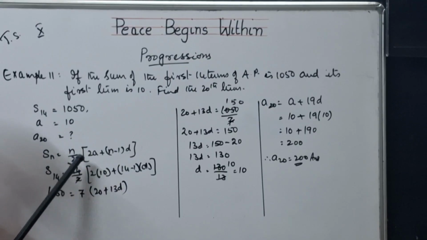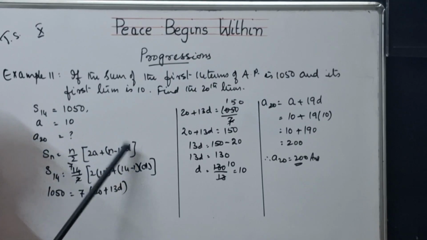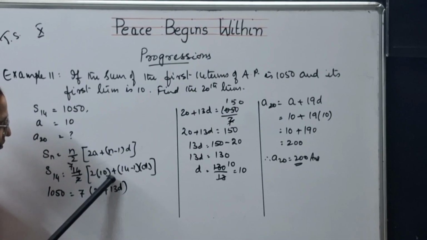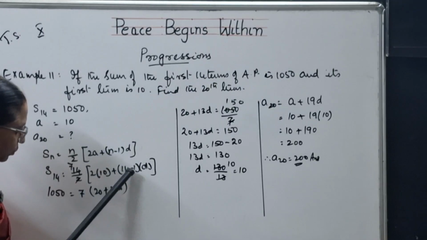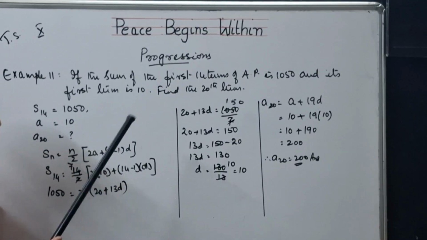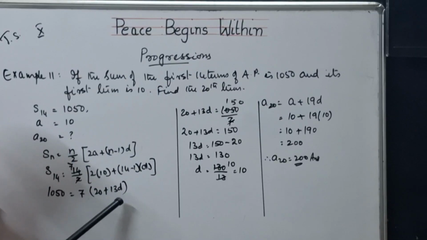The Sn formula is n by 2 into 2a plus n minus 1 into d. So S14 is equal to 14 by 2 into 2a, a is 10, plus n is 14 minus 1 into d. That is 1050. S14 is 1050, which is 7 into 20 plus 13d. 14 minus 1 is 13.